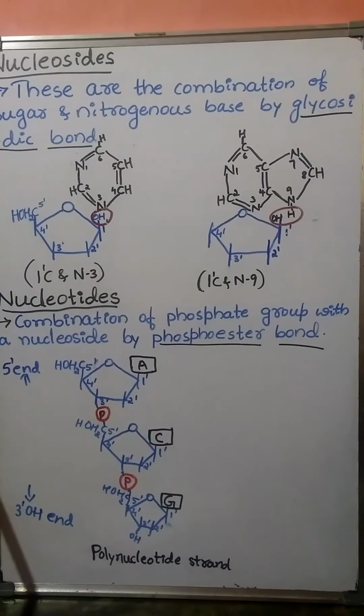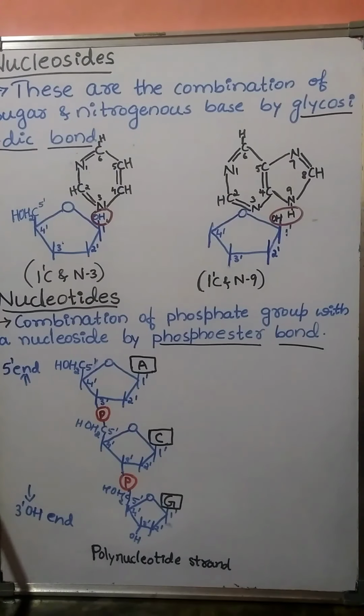In case of RNA, the attachment of a nitrogenous base with the ribose sugar forms a nucleoside. The attachment of adenine with the ribose sugar forms the nucleoside adenosine.